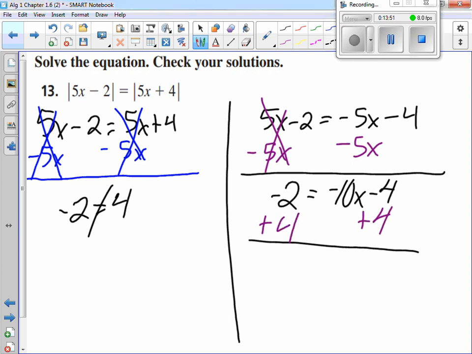We're going to add 4 to both sides because, again, I want to get x by itself. So we're moving any of the other numbers away. So since I have negative 4 here, I'm going to add 4 to it, because negative 4 plus 4 will cancel, leaving me with negative 10x on this side. Negative 2 plus 4 will give me 2.